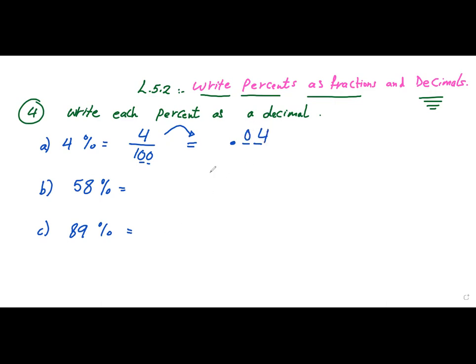Then 0 here, and we should put 0 here for completing the answer. This is 4 hundredths. 4 hundredths equals 4 out of 100 equals 4,000. Am I right when I say 4,000? No, of course, it's 4%. I'm just kidding with you.